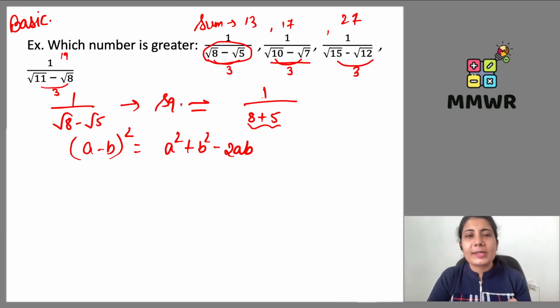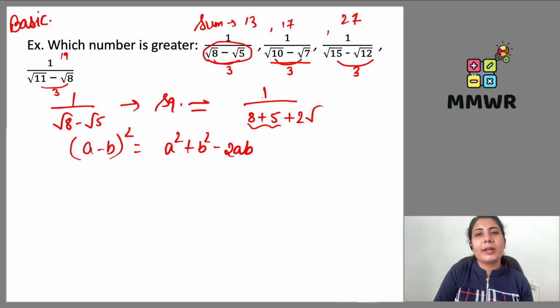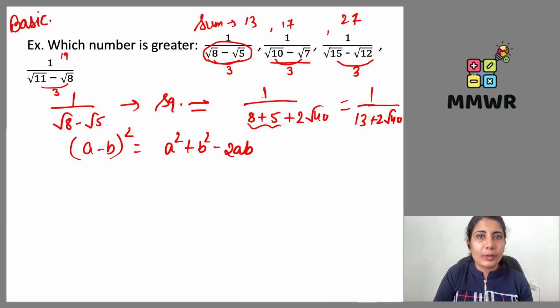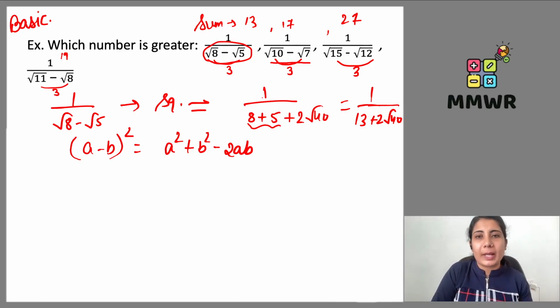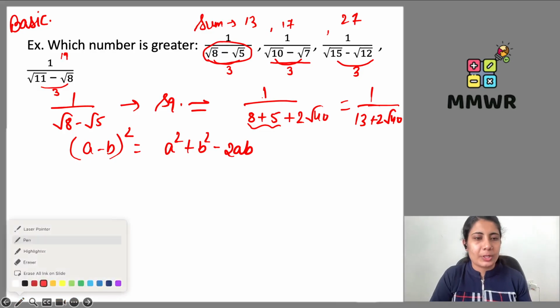That is, a minus b whole square identity अगर मैं अप्लाई करती हूँ तो 8 plus 5 is 13 plus 2 root 8 5s are 40. That means 1 upon 13 plus 2 root 40 आ रहा है. Right? 2 root 40 I am getting. But this will not help me. Second वाले में मुझे मिलेगा 1 upon 17 plus, so sorry, not plus, it should be the subtraction operation.